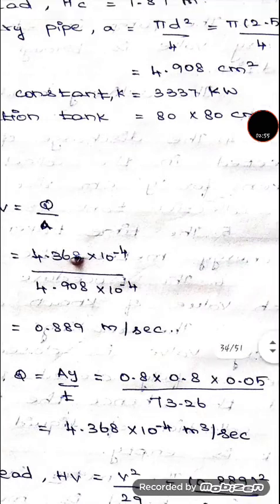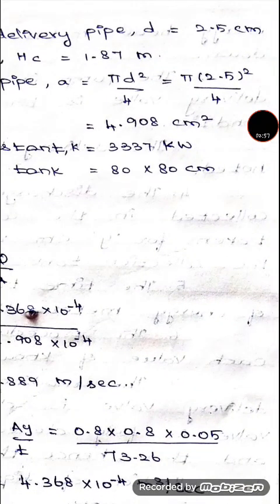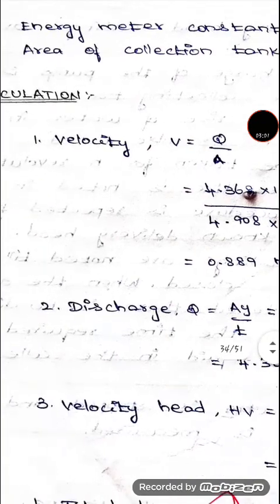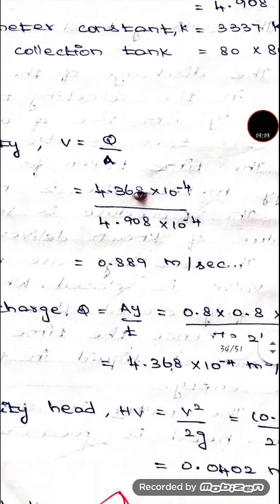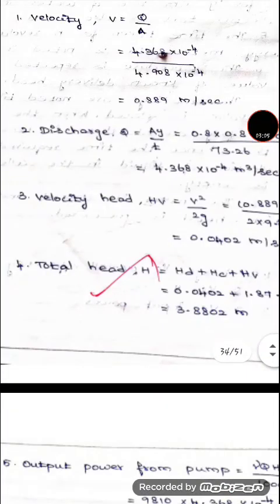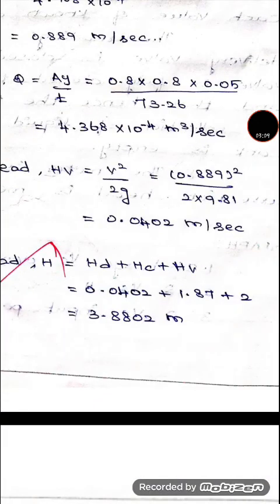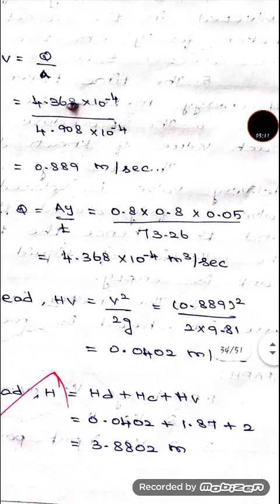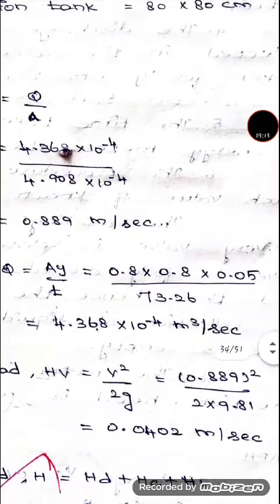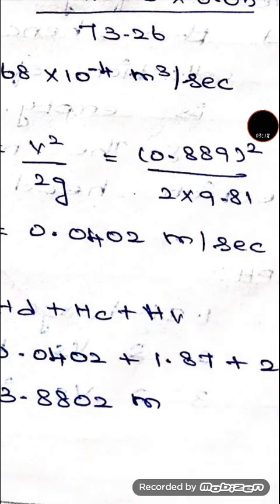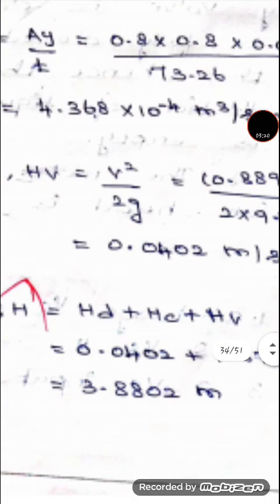So after substituting the value, we will get the velocity in terms of meter per second. And then the velocity head is calculated by using V square by 2g. Here V is 0.889 meter per second. So by substituting the value, we will get the value of velocity head.